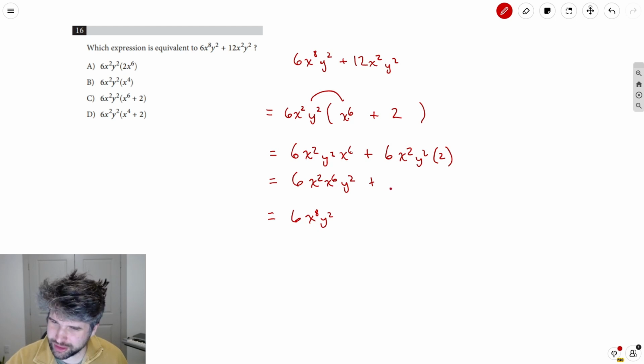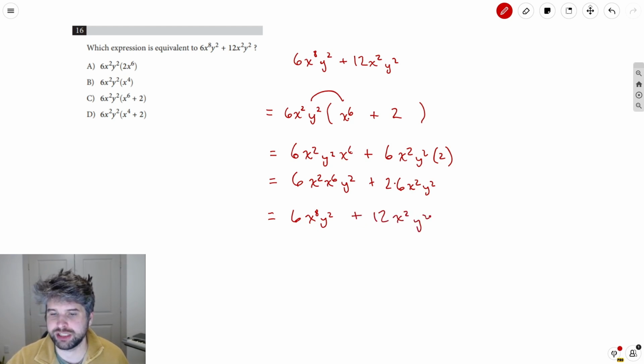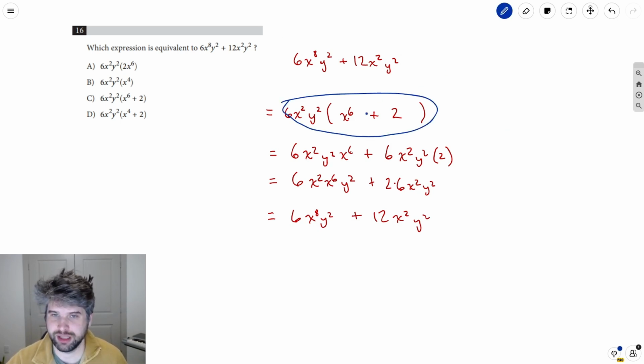When we reorder this, it's going to be 2 times 6 times x squared times y squared. We multiply the 2 and the 6 together, and we get 12x squared y squared, which is exactly what we started with up here. And the main result of this is what we got when we factored. If we look back to the answer choices, there's one of these answer choices that exactly matches what we came up with. And that answer choice is C.